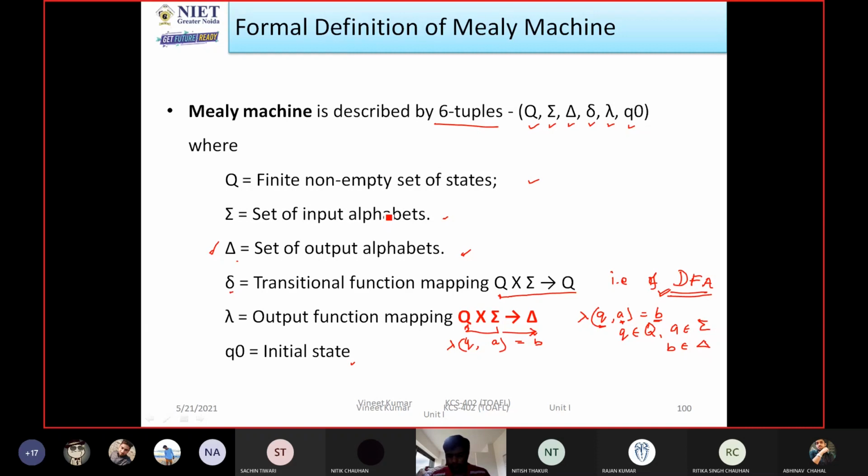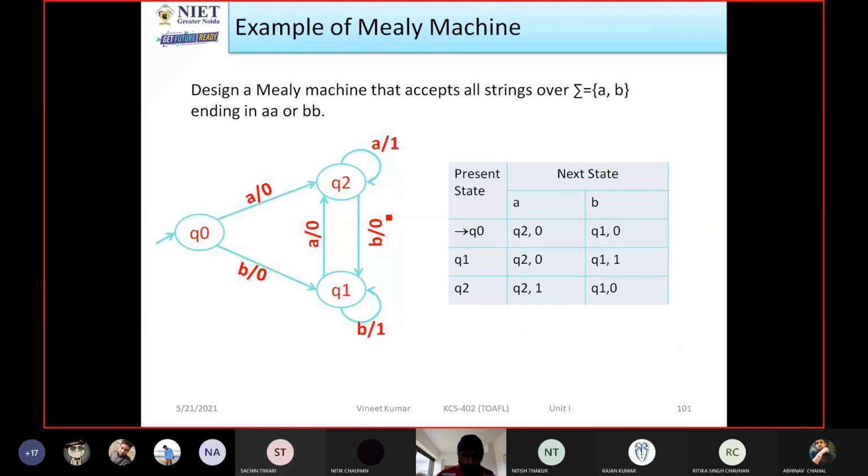Now, example. Design a Mealy machine that accepts all strings over A B ending in AA or BB.